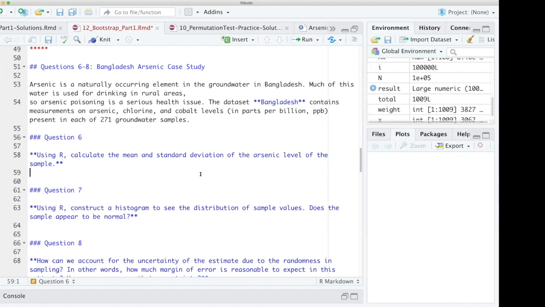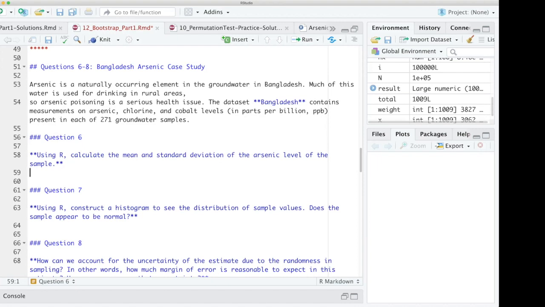So first, let's consider what our sample looks like. Why don't you go ahead and calculate the mean and standard deviation of this data set if you've got R open. I want to make sure that things are going okay with everyone.